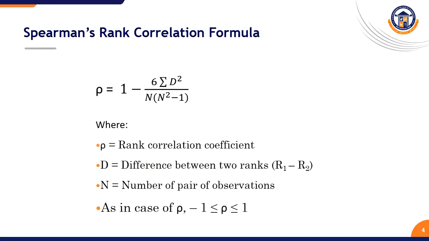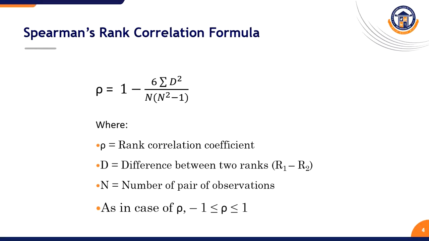Next, here we see the Spearman's rank correlation formula. When the ranks are distinct, rho equals 1 minus 6 into summation d square divided by capital N into n square minus 1.